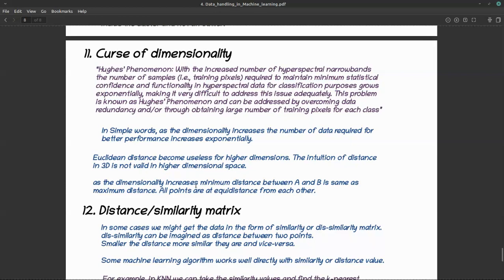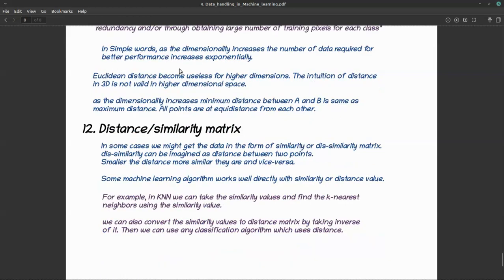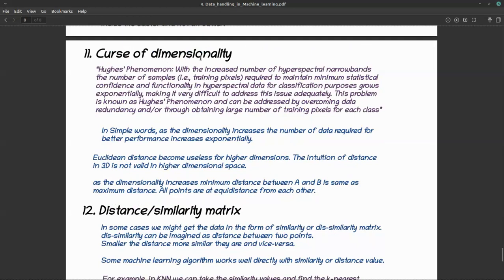So it makes it very difficult, basically, correct? And there is one more phenomenon: as the dimension increases, distance becomes useless, Euclidean distance becomes useless. In the PDF, I guess they wrote that the maximum distance between two points is as similar as the minimum distance between two points, and they are not equal, right?